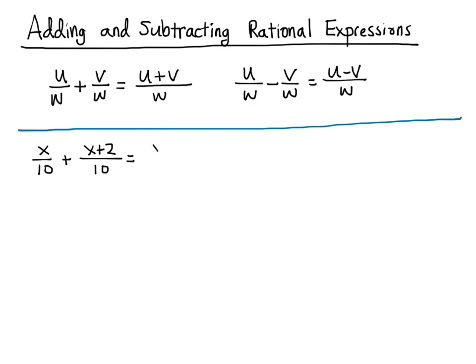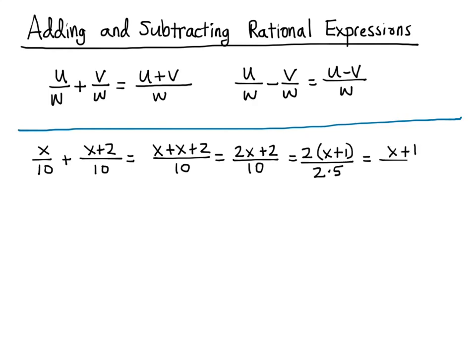Actually, I think this went a little further than I wanted to. Anyway, I got x divided by 10 plus x plus 2 over 10, and so all I have to do here is add the numerators, x plus 2, and then I simplify by taking 2x plus 2, and then I notice that I can divide these things out.